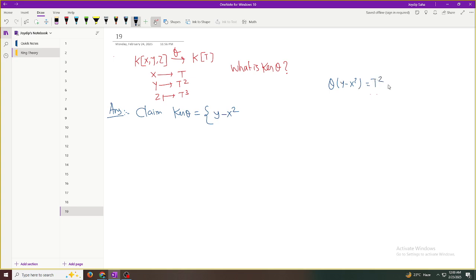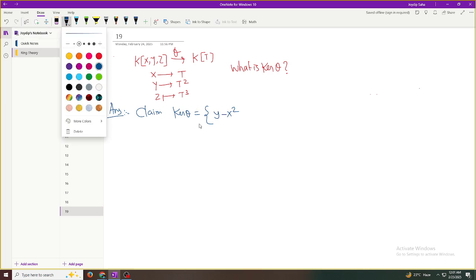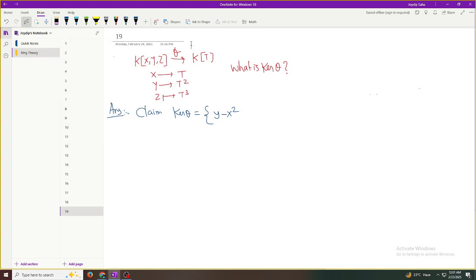What is x? x is t, right? So y minus x square, and z minus x cube.